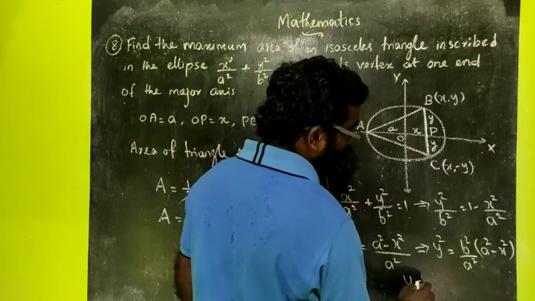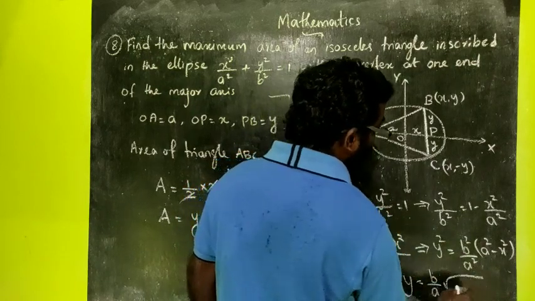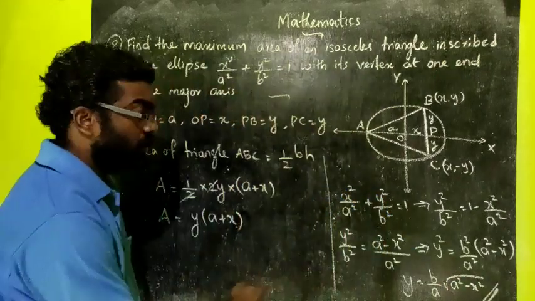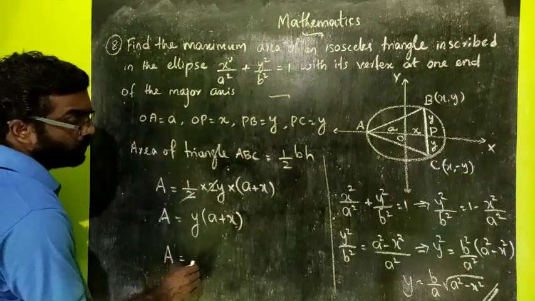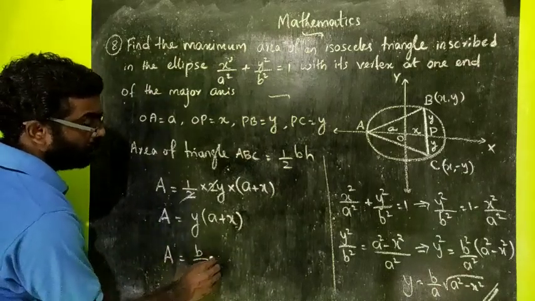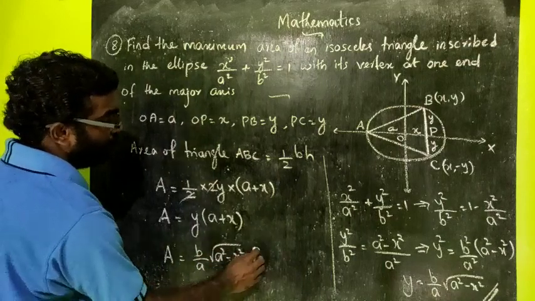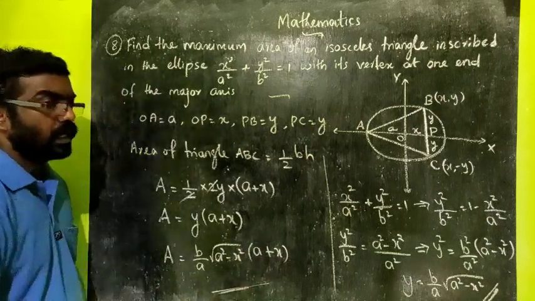Or y is equal to root of this term, that is b by a into root of a square minus x square. That value we can replace here, that is area is equal to b by a into root of a square minus x square into a plus x. Okay, this is the area function.